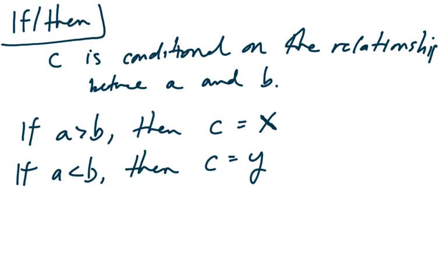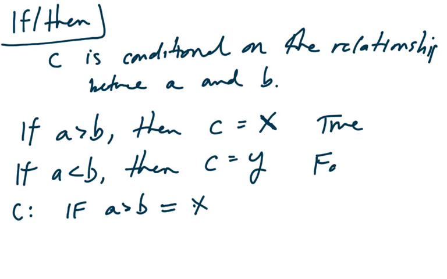So one way we can write this out would be like, here's cell C, okay, and we're going to say if A is greater than B, then C equals X. So that's the true case, the true outcome, and the false outcome.